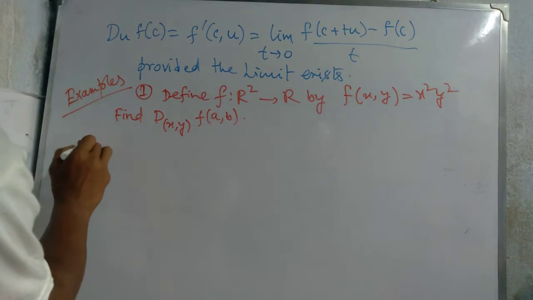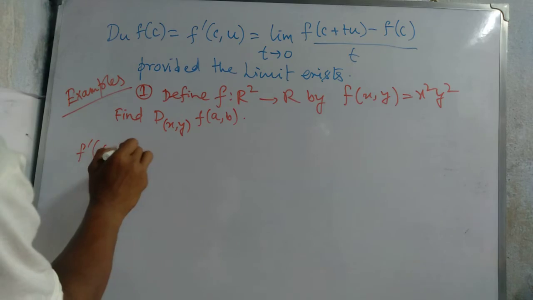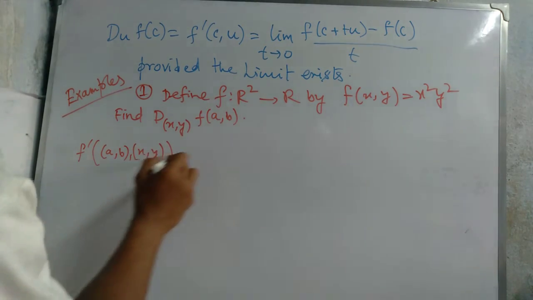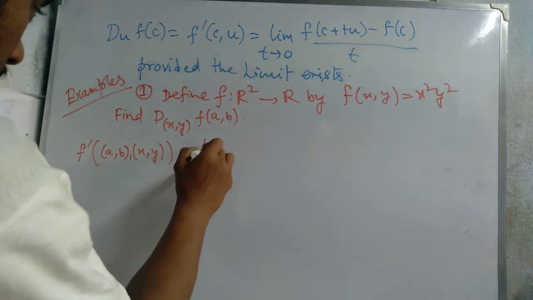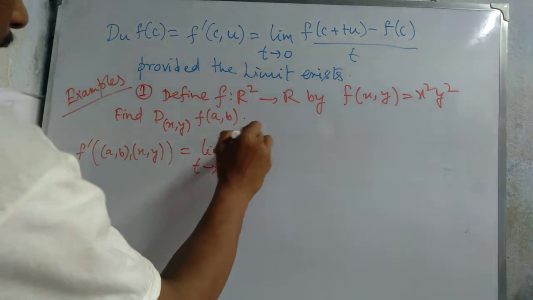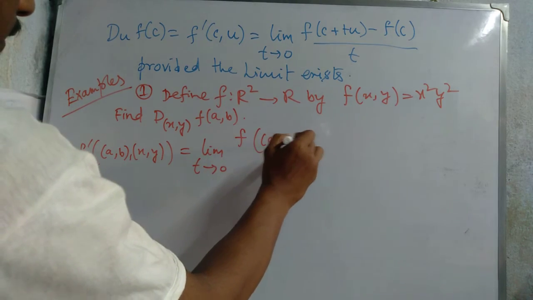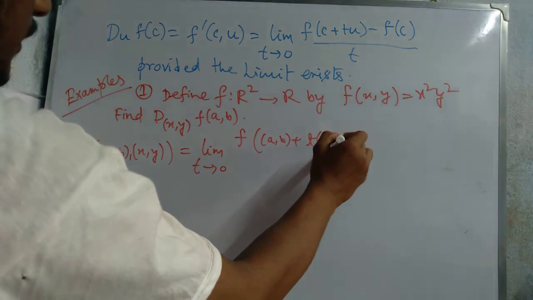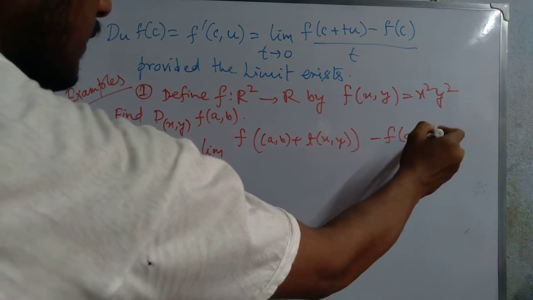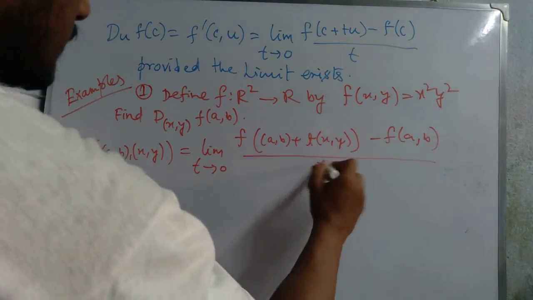Then f dash (a, b)(x, y) equals limit t tending to 0 of (f of (a plus tx, b plus ty) minus f of (a, b)) divided by t.